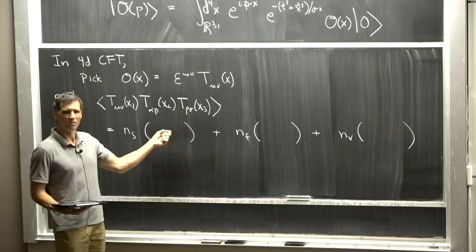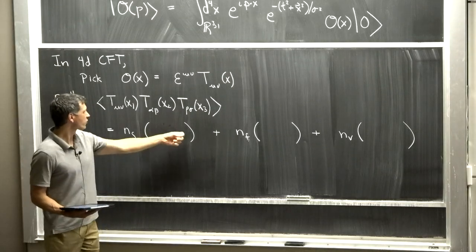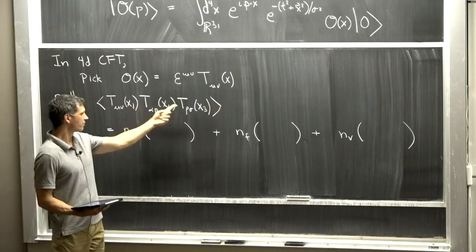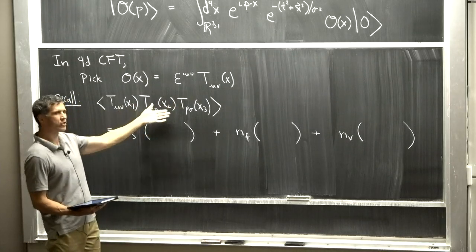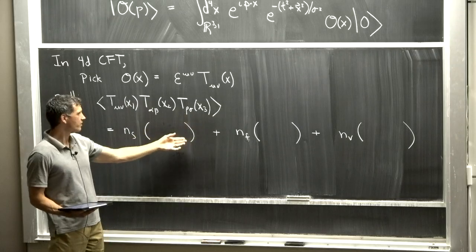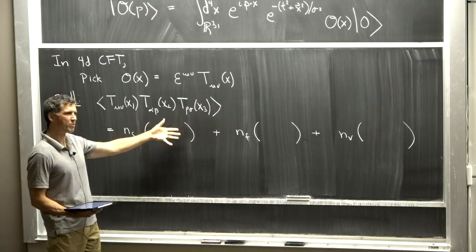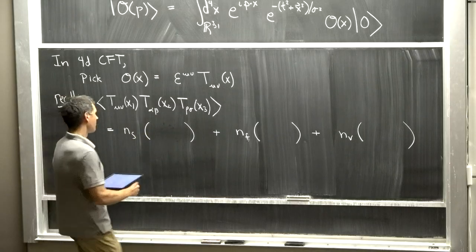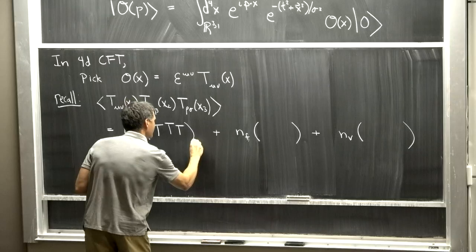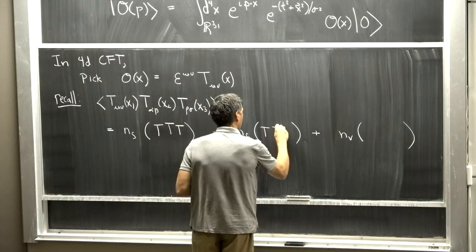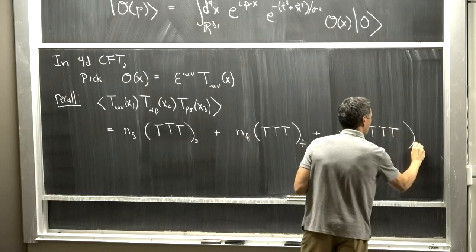Okay, so when you work through the embedding formalism, this is some function of two x differences, and it has a tensor structure in these 6 indices. So this is some nasty but known function of 2 variables with 6 indices on it. I'm going to call those TTTS, TTTF, and TTTV.